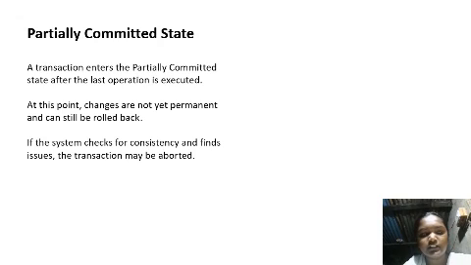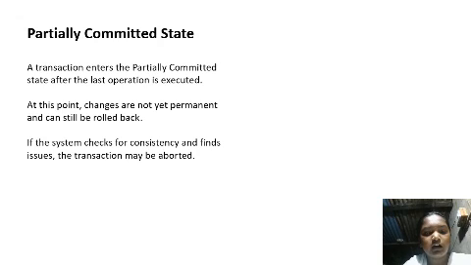Partially committed state. A transaction enters the partially committed state after the last operation is executed. At this point, changes are not yet permanent and can still be rolled back.